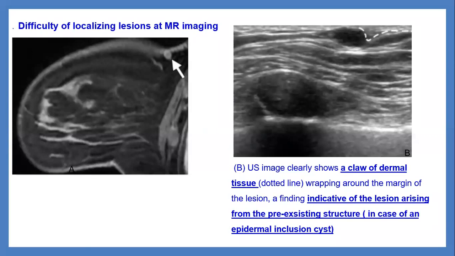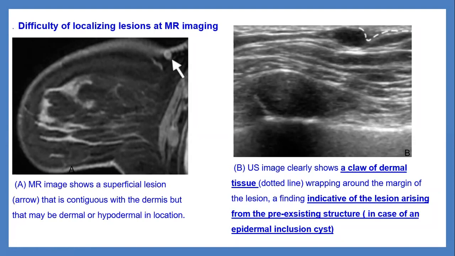If we look here, it's difficult to tell exactly if this lesion is hypodermal or dermal based on MRI. But when we look at the same lesion on ultrasound and see the claw sign, we make sure that it is related to the dermal layers.